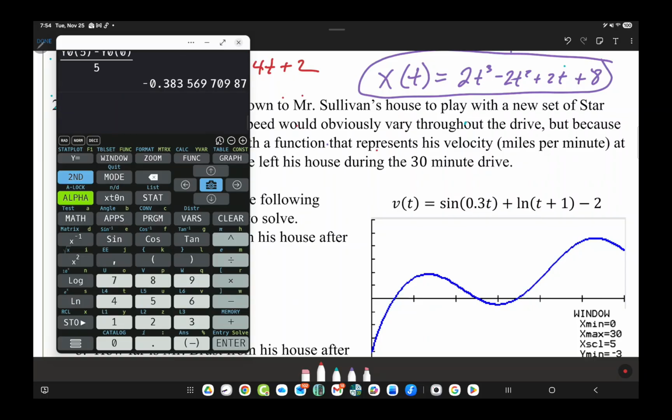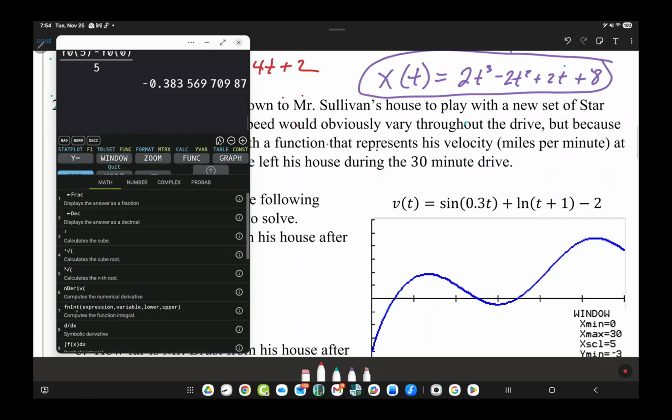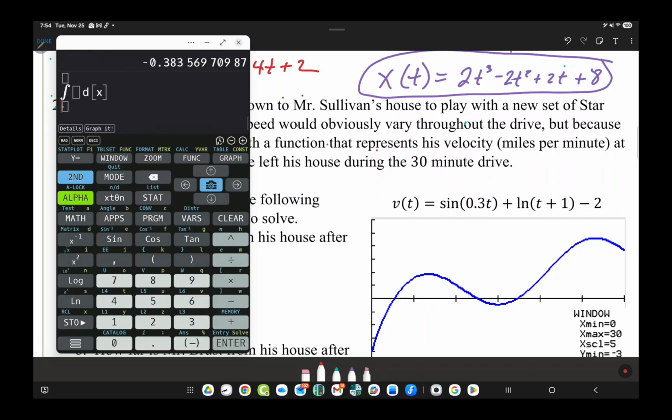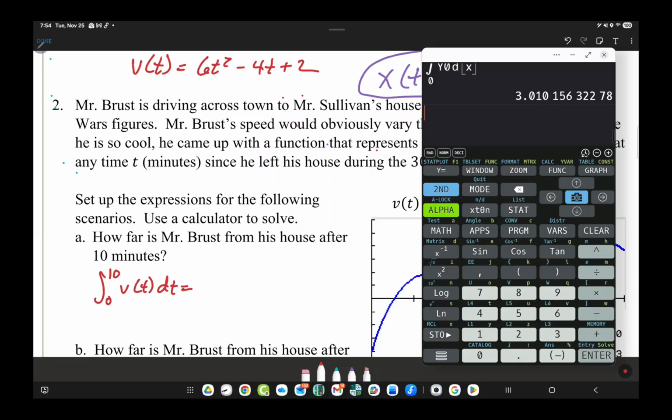So I'm going to be doing the integral from 0 to 10 of my variable. So after 10 minutes, he has driven about 3.01 miles.